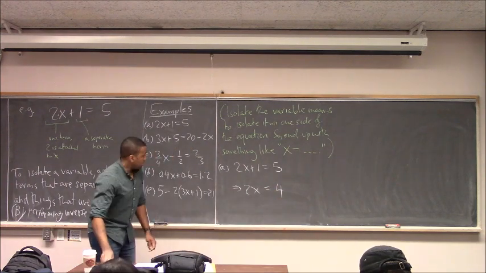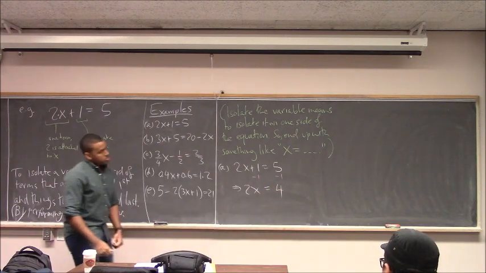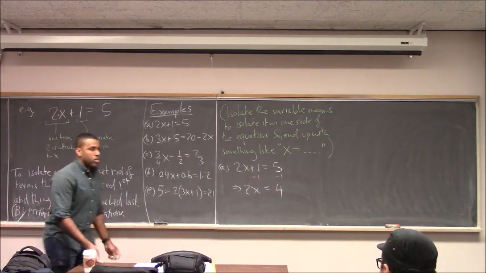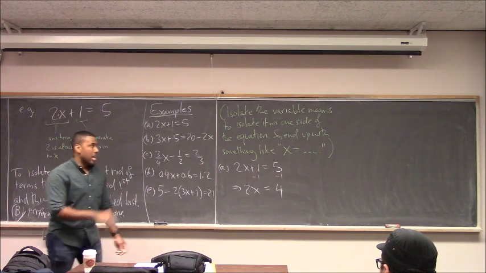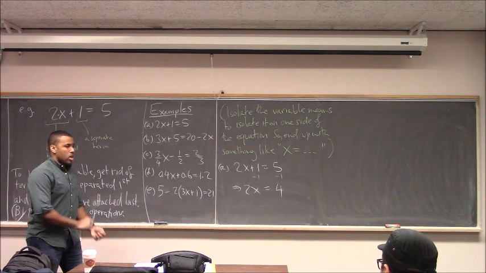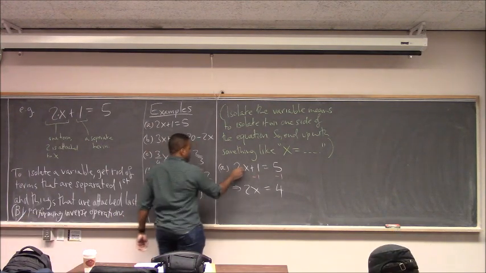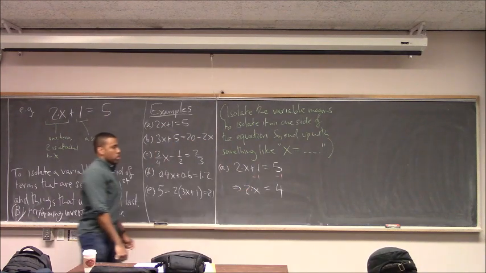Now, what I just did was I actually subtracted 1 from both sides. Or you can think of it as adding a -1 if you want to maintain the language used in property 1. And so that would be the first step. I got rid of the thing that was separated from the x. Now, the 2 is attached to the x via multiplication.